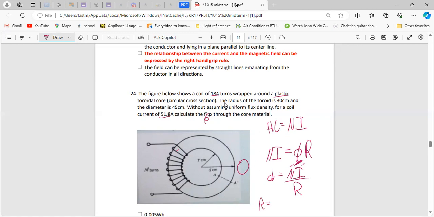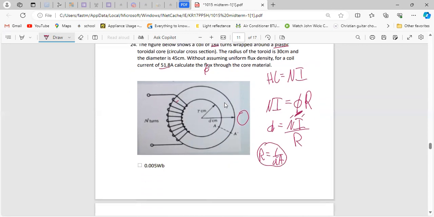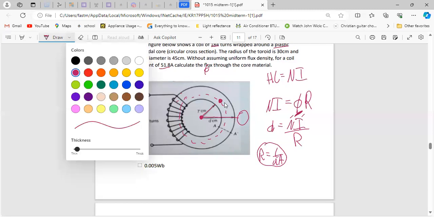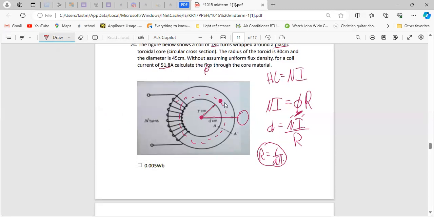R is equal to L over mu A. So we need the length of the center path. They give you R and they give you D, so basically we want from here to here. You should be able to look at the material and know what the center piece is.